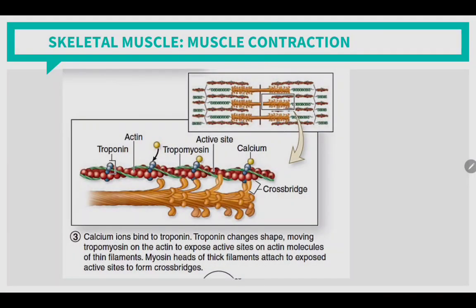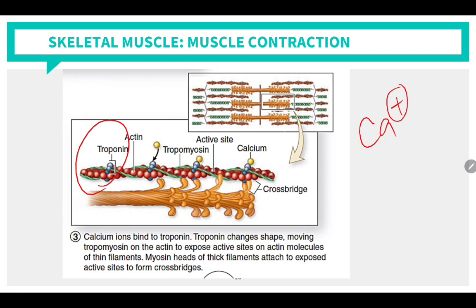Okay, number 3, di ba may present na ng calcium sa ating sarcoplasm? Tama? Tama, sir. That calcium ions ngayon will bind to the troponin. The troponin changes shape, moving the tropomyosin on the actin to expose active sites on actin molecules of the thin filaments.